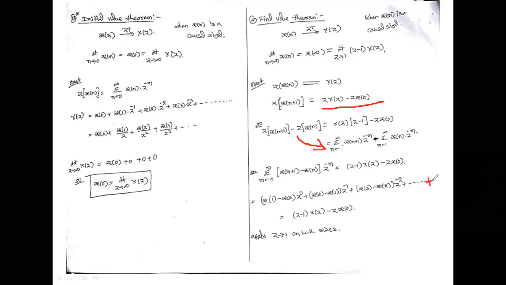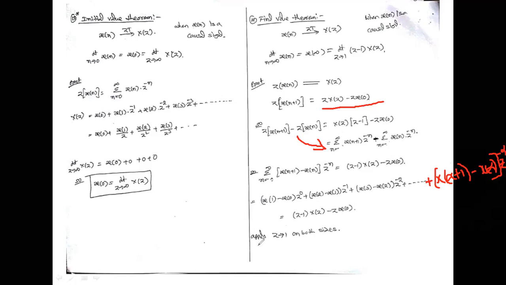So what is the last term after substituting the infinite? X of infinite plus 1 minus x of infinite. Okay, and z power minus n, z power minus 1 also, minus infinite, this becomes 0 actually. So in this, all the z terms are 1.